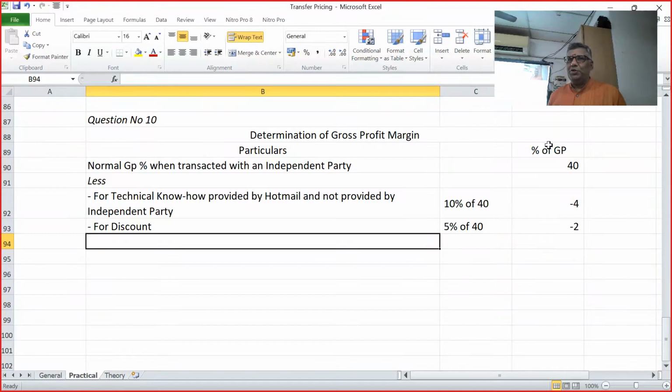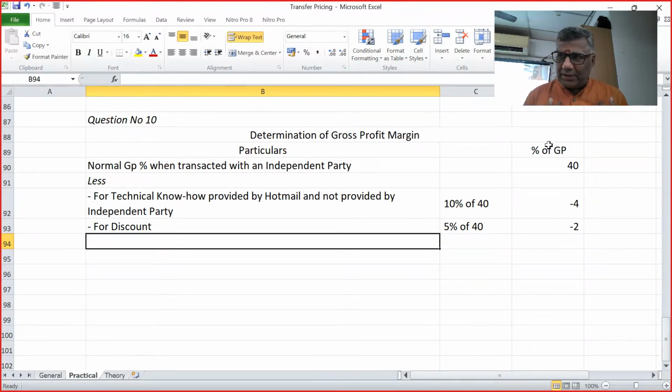Credit provided to Hotmail Limited, which I am not providing to other parties. Good. Okay, I am providing credit to Hotmail, whereas for any other independent party, I don't provide.